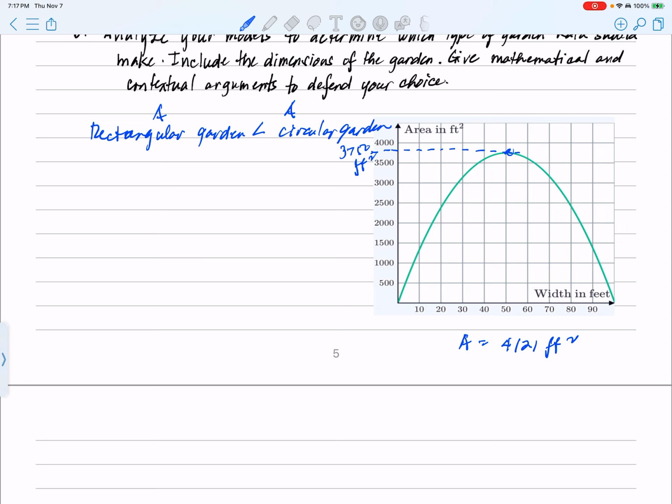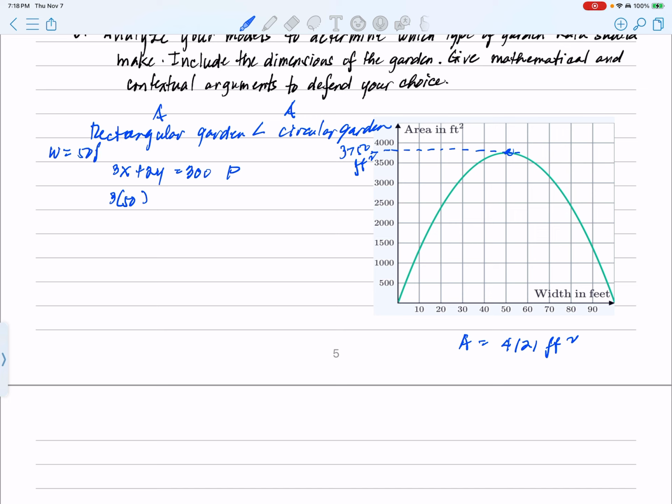So we can use the x value of the vertex of the parabola to find the width of the garden. So the width of the garden should be 50 feet, and the length of the garden would be found from 3x plus 2y equals 300. This is the perimeter.